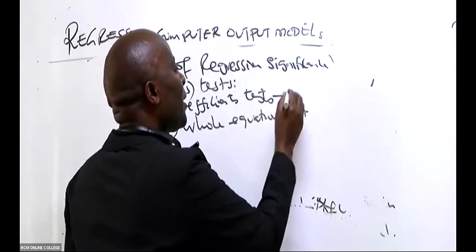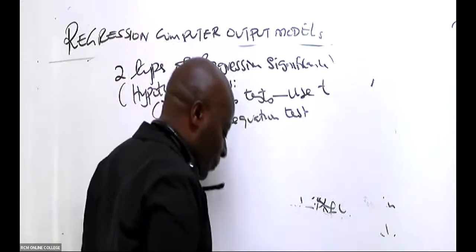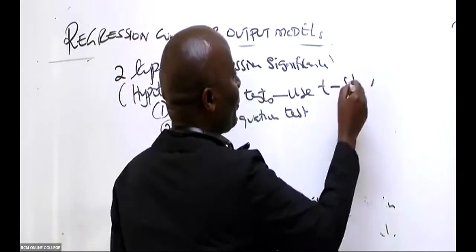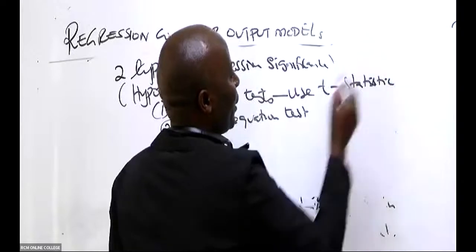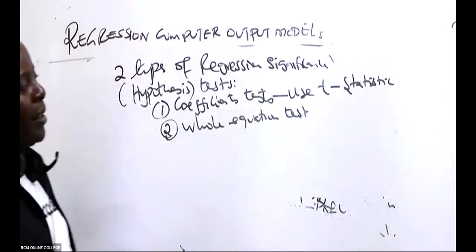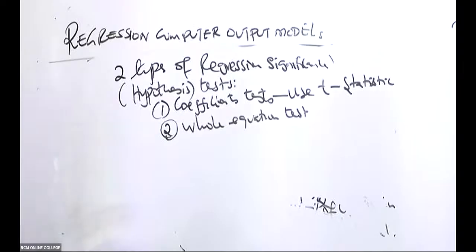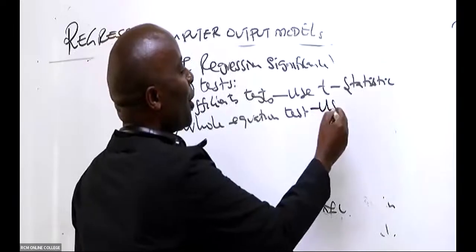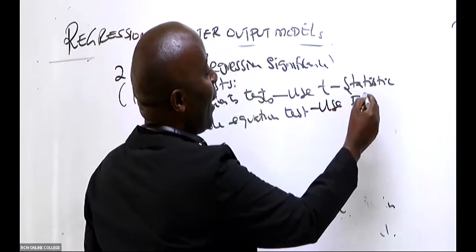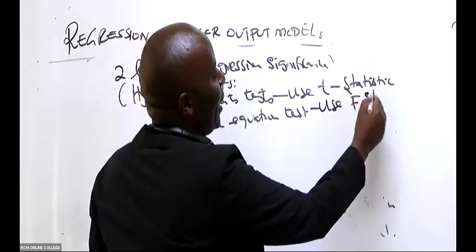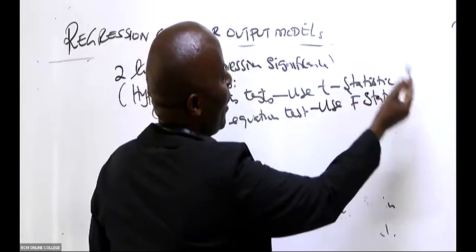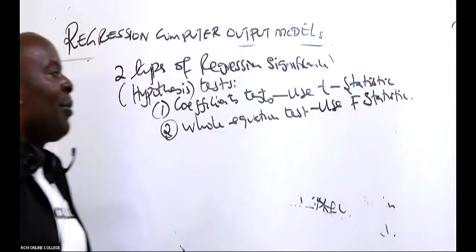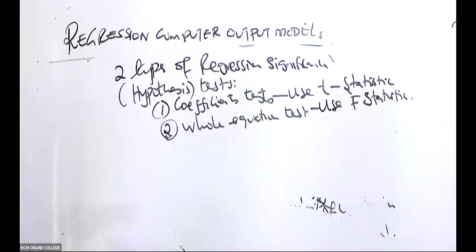For the coefficients test, you use the T statistic to carry out the hypothesis test for coefficients. For the whole equation, we shall use the F statistic to carry out that hypothesis test.